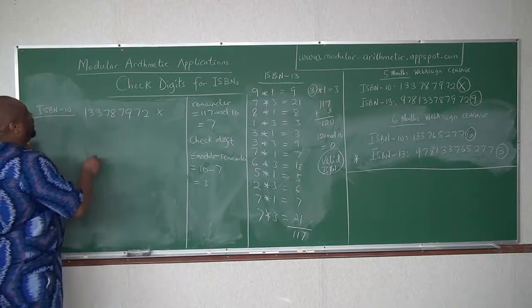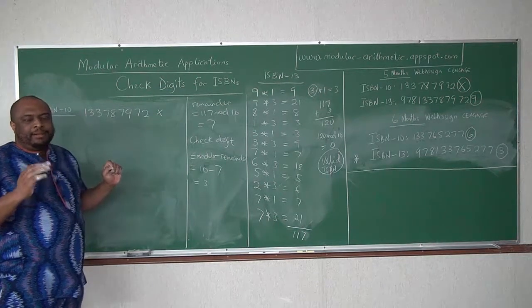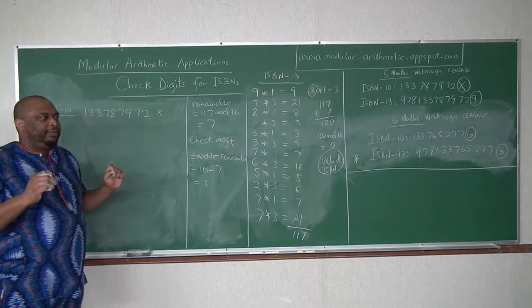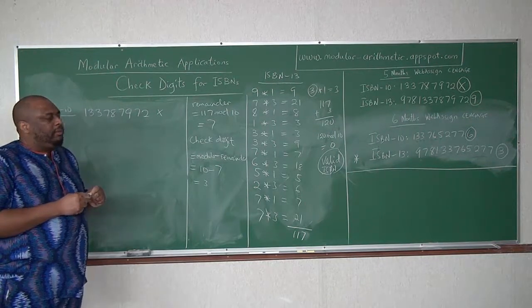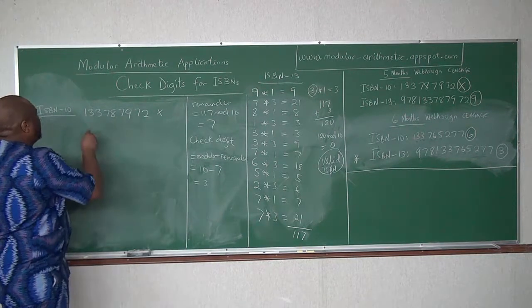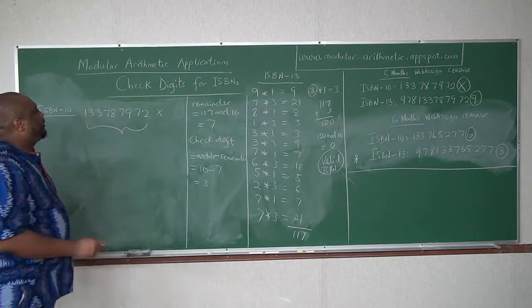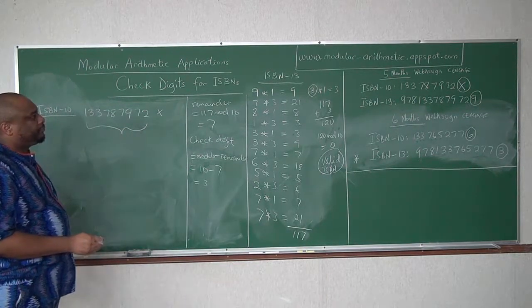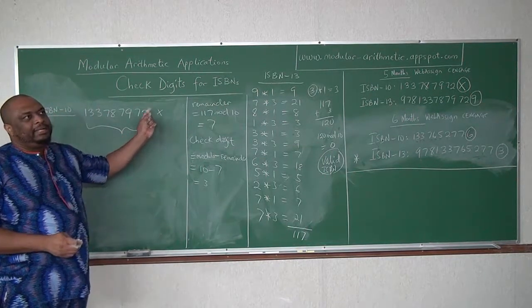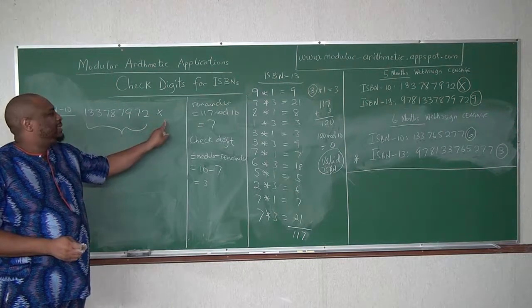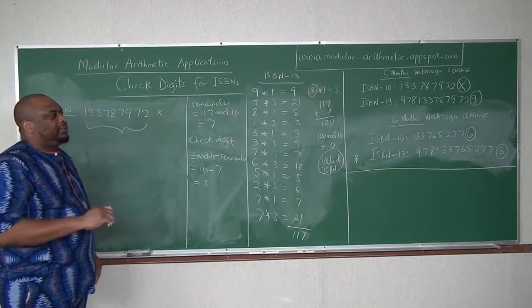Do you remember what we got as the sum here? We can figure it out. Because what we have to do is multiply the other digits, and this one times 10, and then do the mod 11, and it should give us 0.